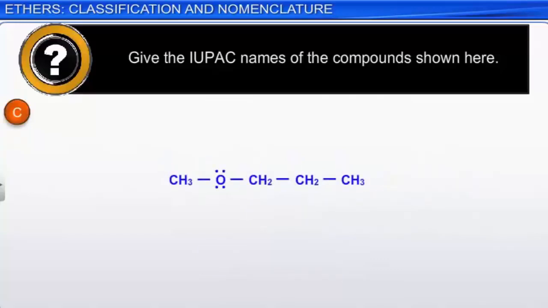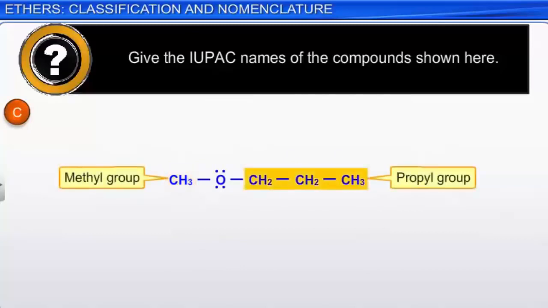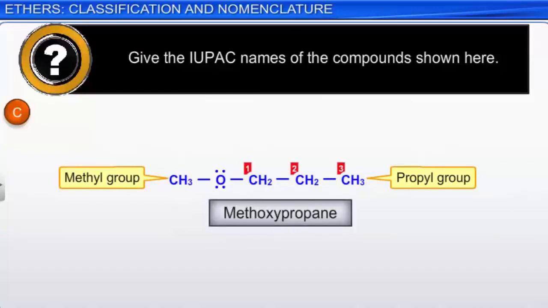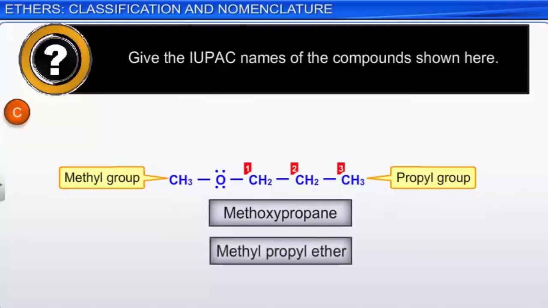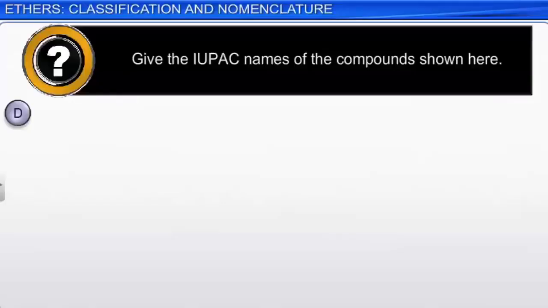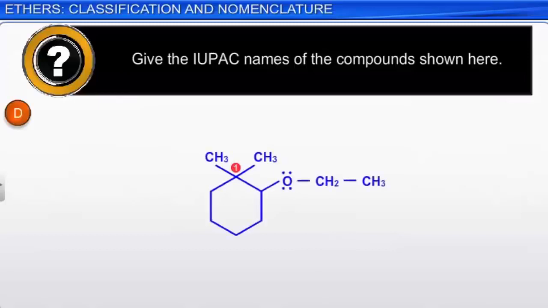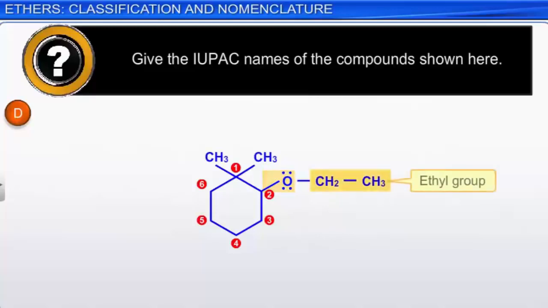Molecule C contains a methyl group and a propyl group. Since the longer chain has 3 carbons, molecule C is named methoxypropane. Its common name would be methyl propyl ether. Molecule D has a 6-carbon substituted alicyclic chain with an ether linkage attached to the ethyl group at carbon 2, as shown.